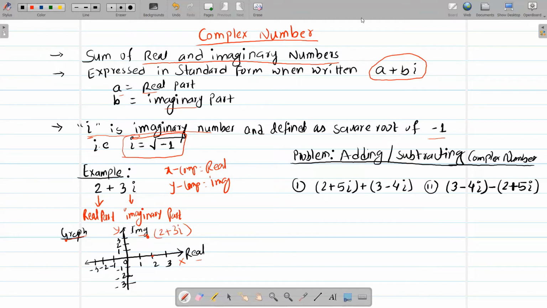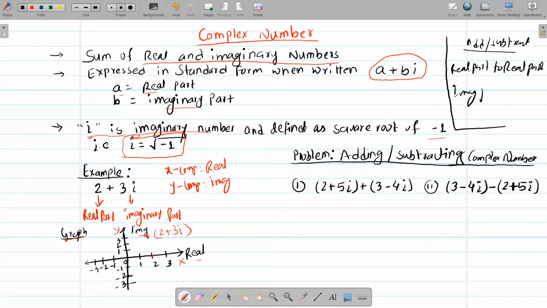So keep in mind while adding or subtracting, we add real part to real part and imaginary part to imaginary part. So let's get started.